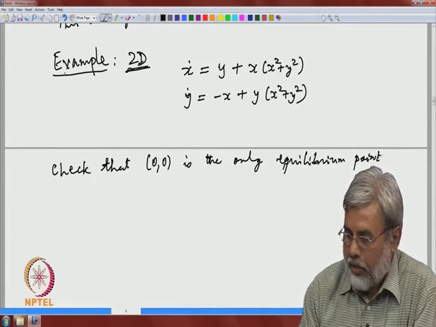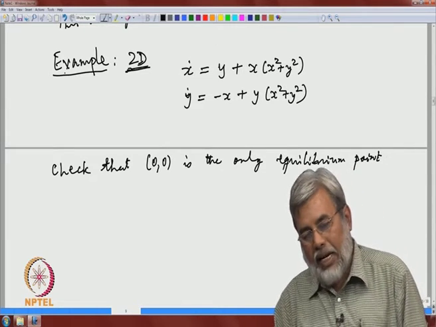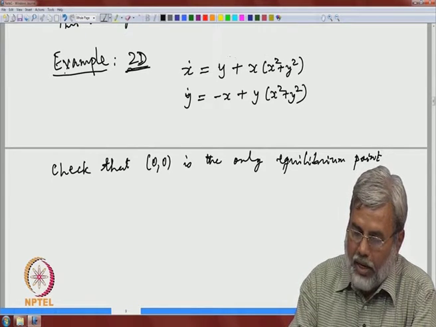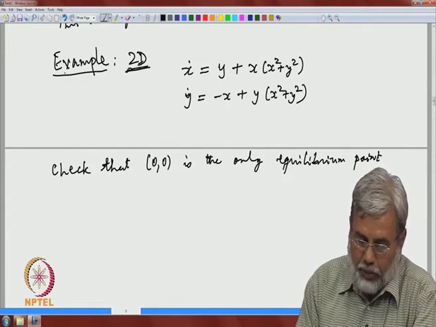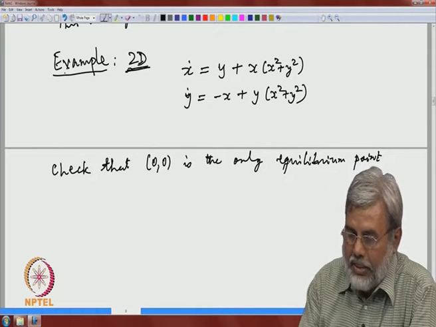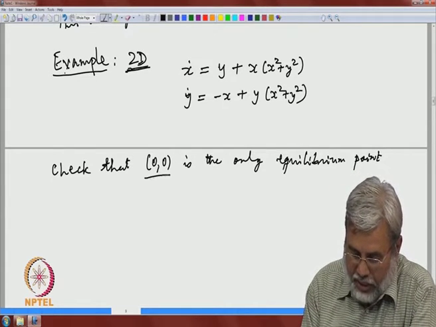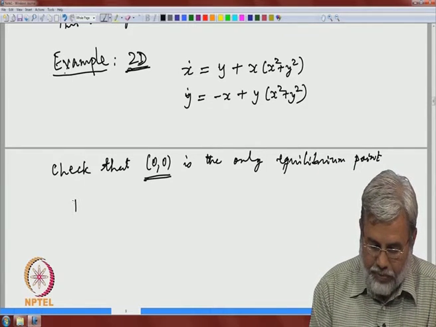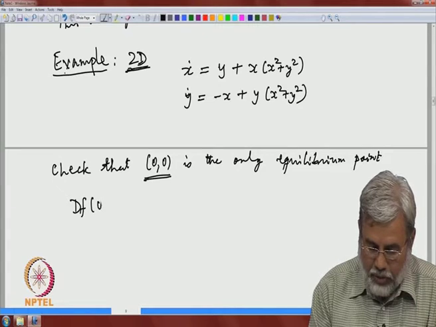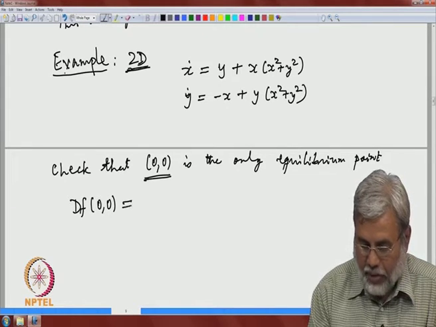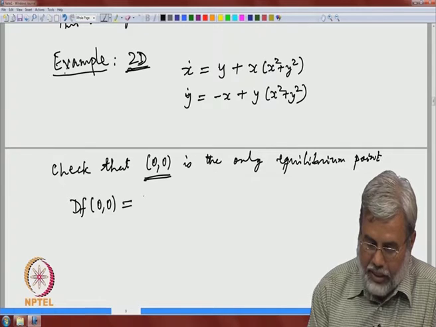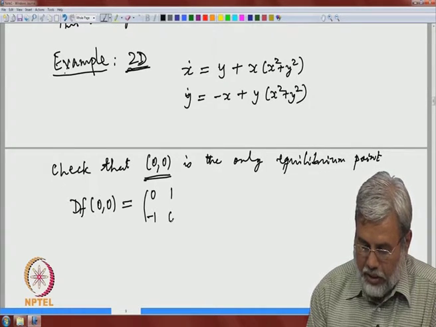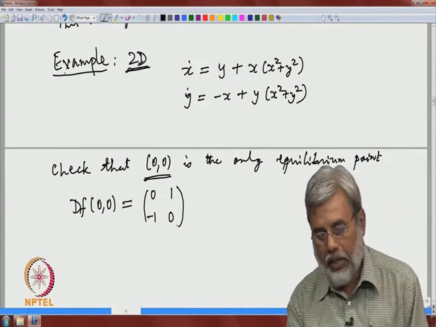Okay. So, let us try to do the linear analysis. So, I have to just evaluate the Jacobian matrix at the origin, because this is the only equilibrium point. So, you can easily check that. So, df at 0 0. So, again this is an exercise. So, you take the partial derivatives, etcetera, etcetera. So, you get 0 1 minus 1 0. Okay.